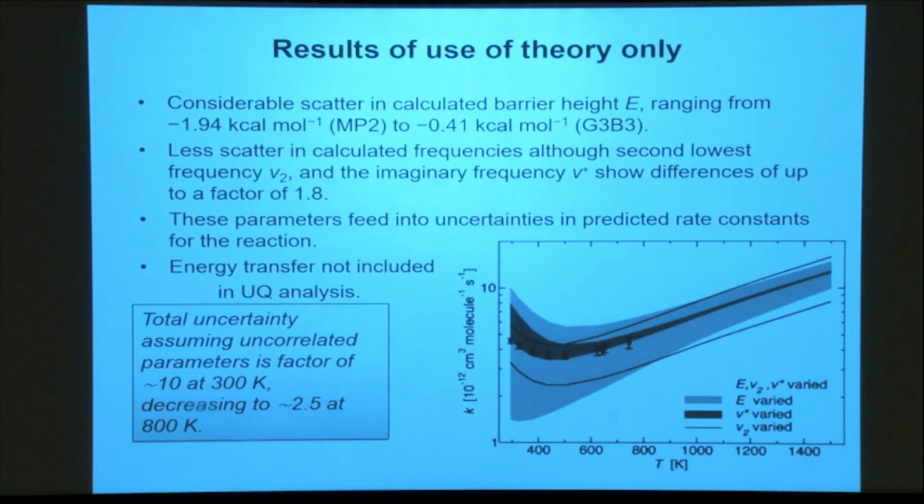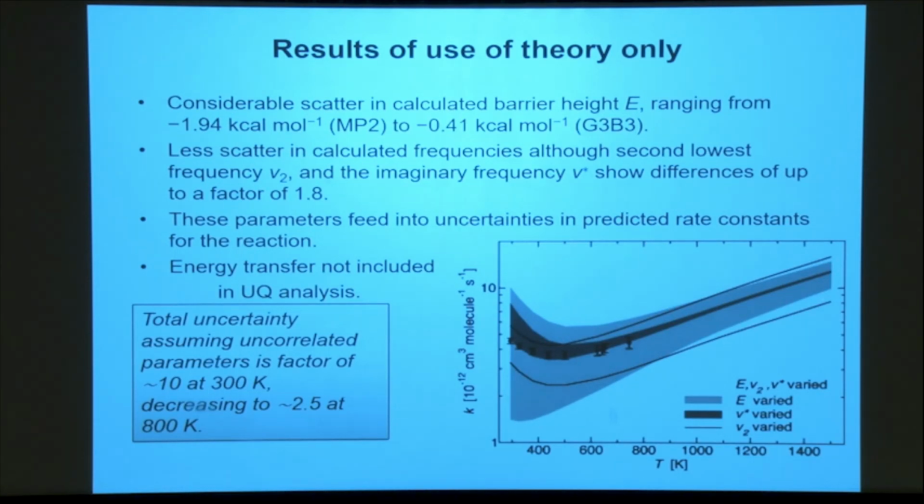What you can see in the grey here is the a priori uncertainties based on these uncertainties in the calculated barrier heights. And you can see here that there's a temperature dependency on the level of uncertainty.